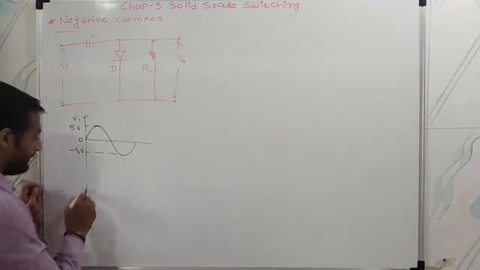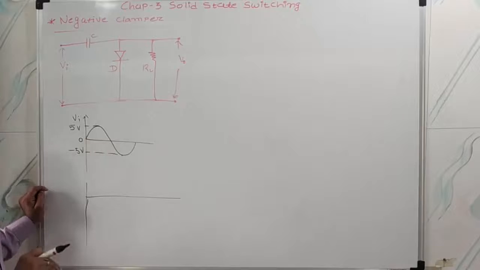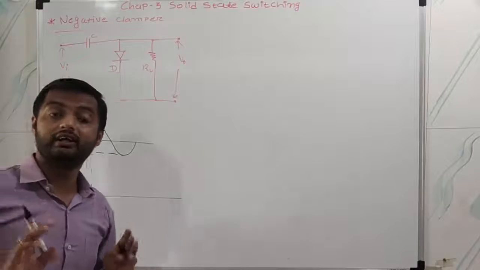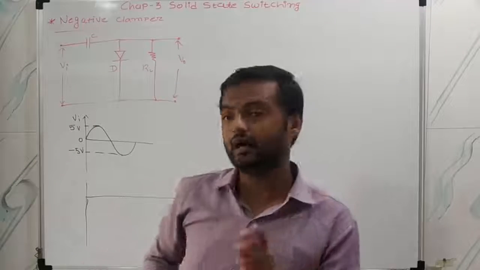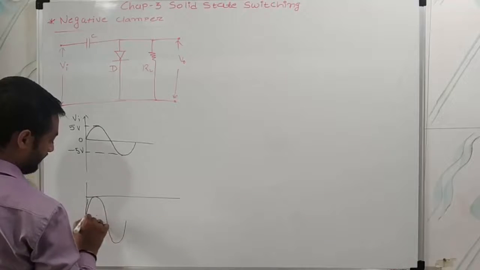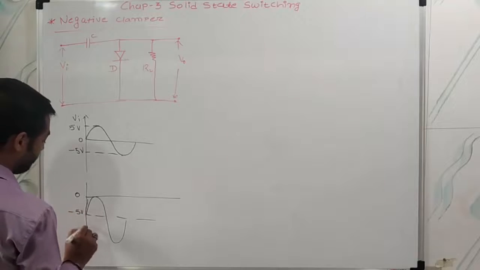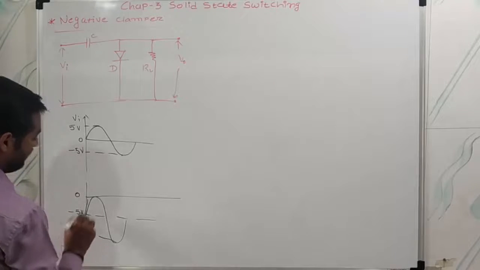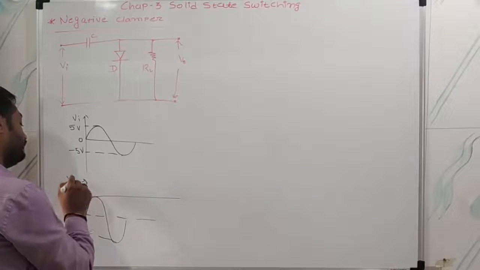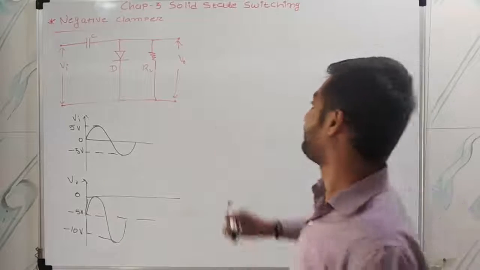In the negative clamper circuit, all the input waveform will be changed, or you can say shifted downward like this, right? This one is 0, minus 5 volts, minus 10 volts. So this one is the output waveform of the clamper circuit, right?